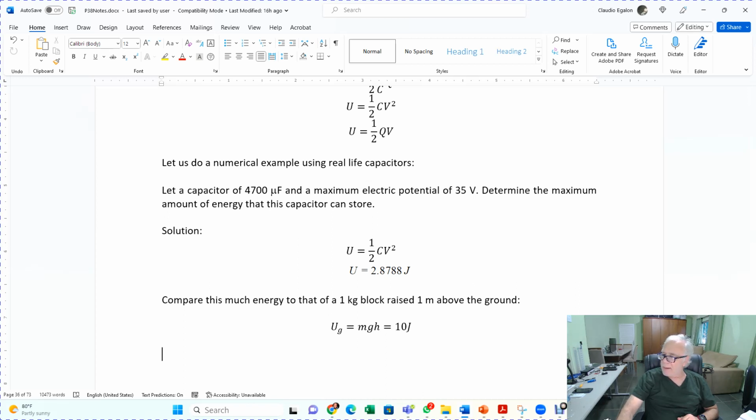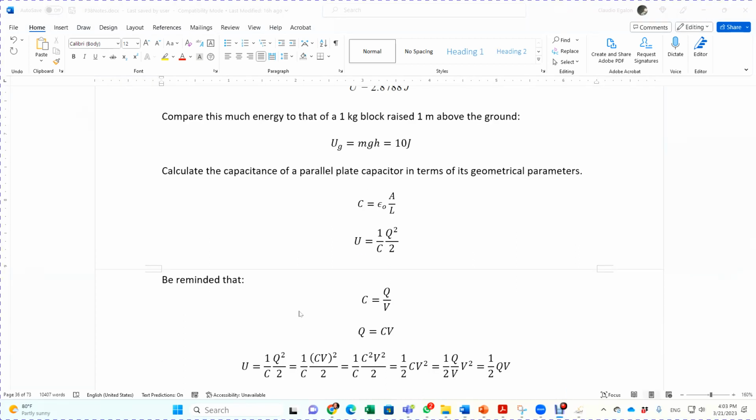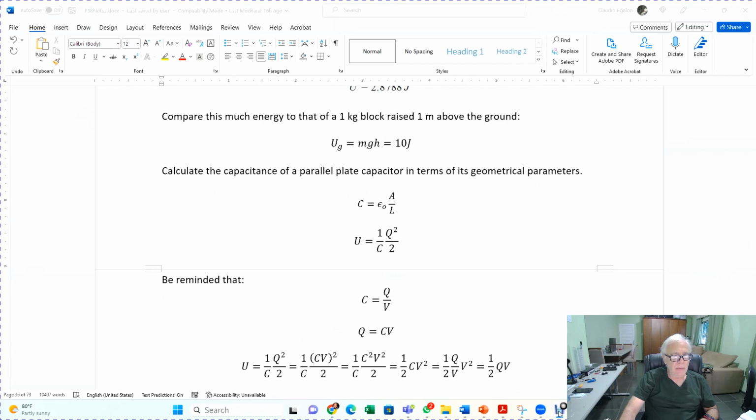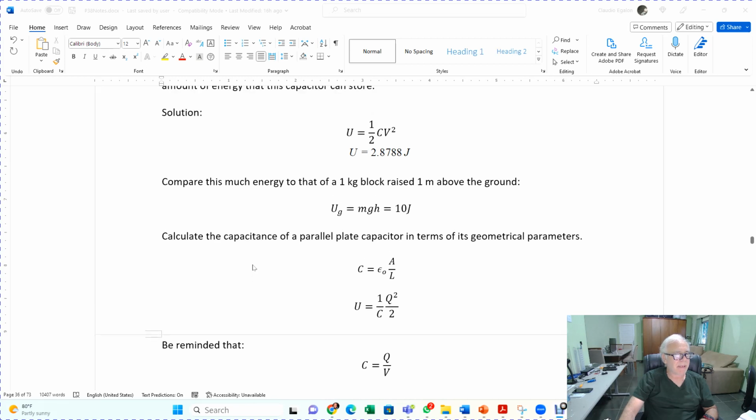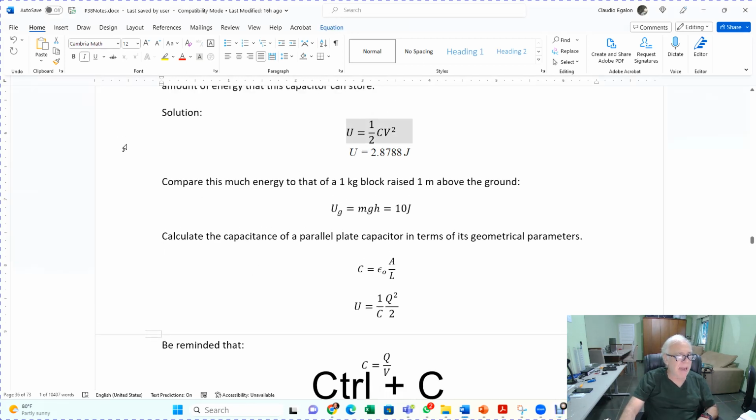So that's what we have. What we're going to do next, we're going to calculate the electric potential energy of a parallel plate capacitor. So here again, this equation is good for any capacitor whatsoever. Doesn't matter what the geometrical configuration is.